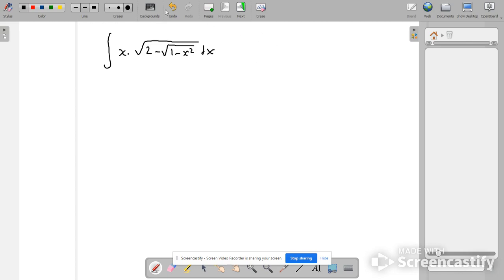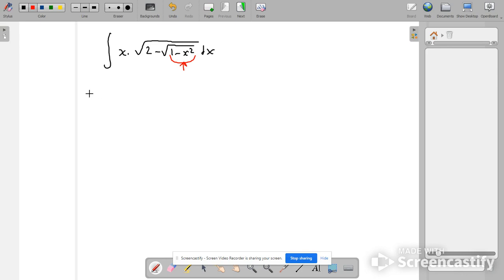The easiest way is to start with the u substitution, and the best choice for u is the inner part of the integral, the second integral, I think I should say.